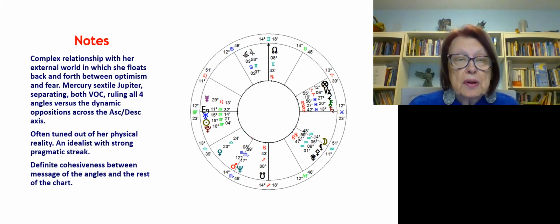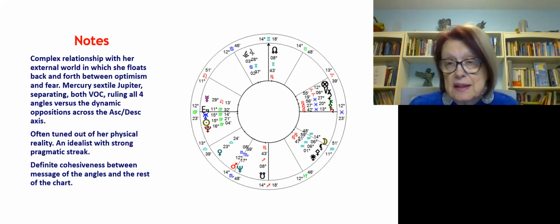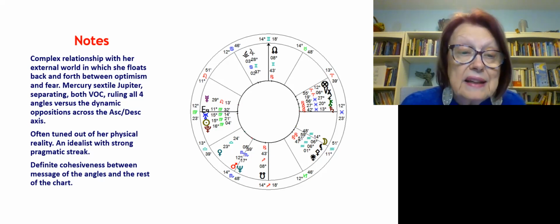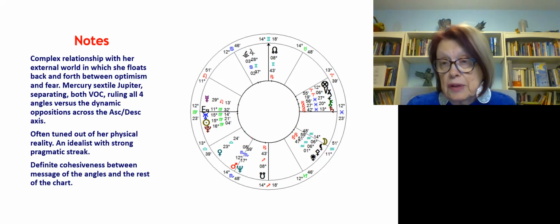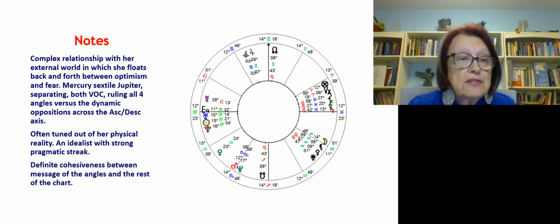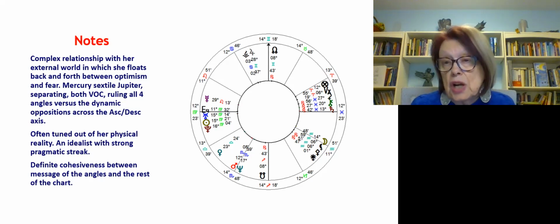Mercury sextile Jupiter, separating, both void of course, ruling all four angles versus the dynamic oppositions across the ascendant-descendant axis. So she's often tuned out of her physical reality and an idealist with a strong pragmatic streak. So definite cohesiveness between the message of the angles and the rest of the chart.